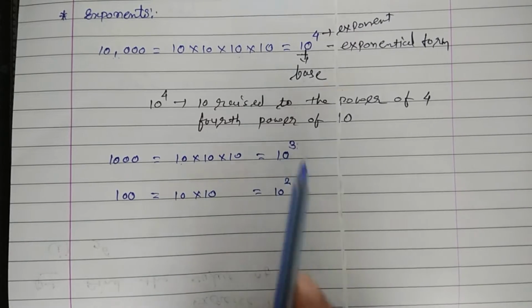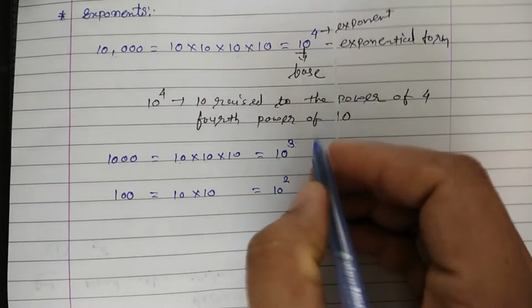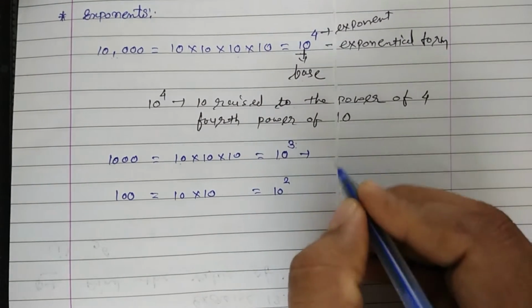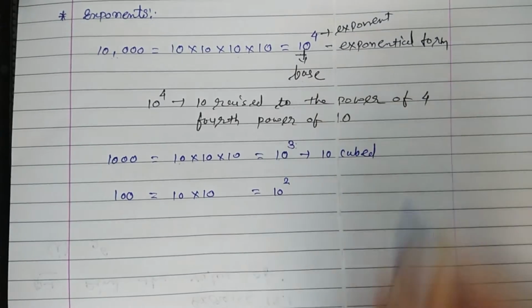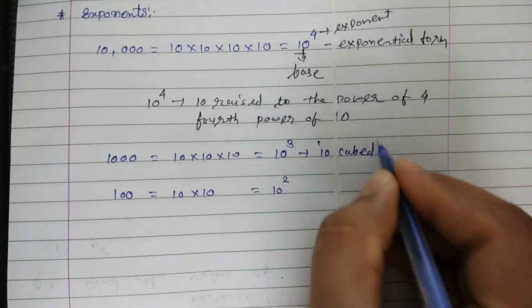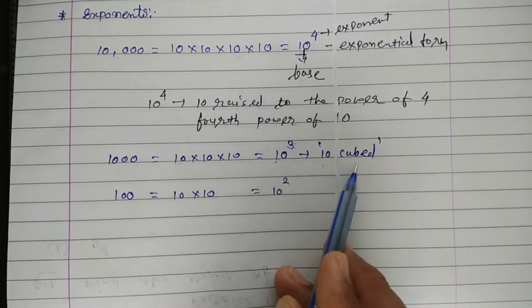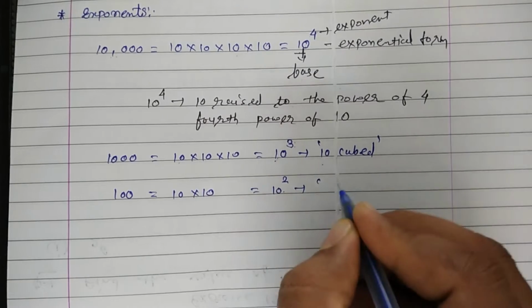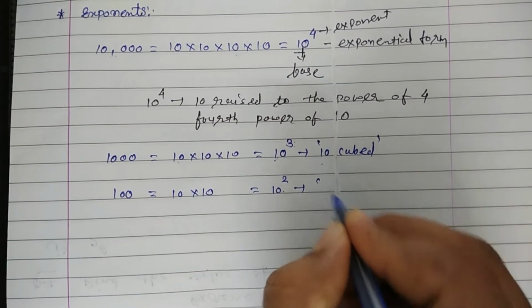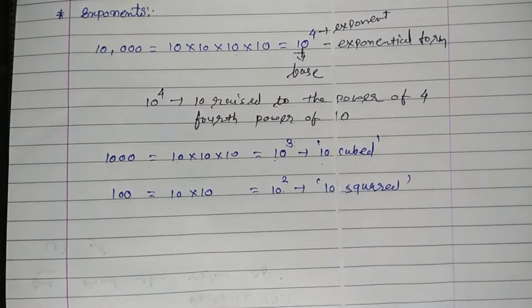For these powers 3 and 2, we have special names. 10 raised to the power of 3 we read as 10 cubed. 10 raised to the power of 2, we can read it as 10 squared.